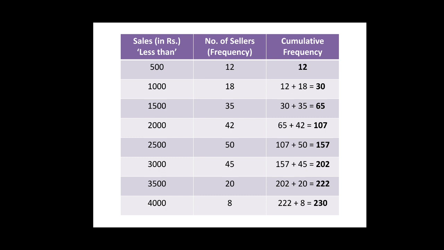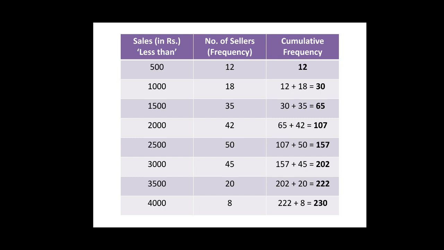In order to get the cumulative frequency of the third class, we add the cumulative frequency of the second class, which is 30, and the frequency of the third class, which is 35. Thus 30 plus 35 is equal to 65, which is the cumulative frequency of the third class. It means that 65 sellers have daily sales less than rupees 1500.